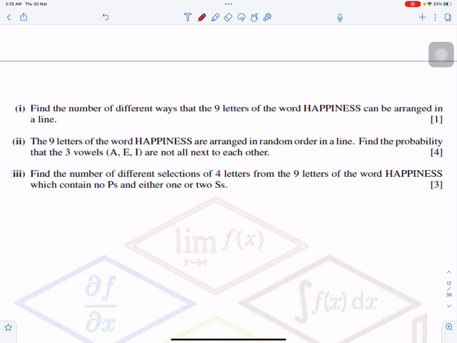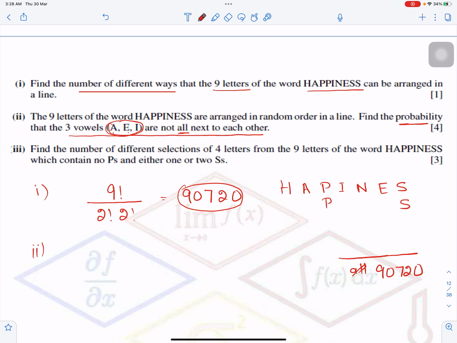So what we will do in this case, we will find the cases in which all three of them are together, and then subtract them from the total cases. So what we will get? The cases in which they are not all together. Okay, I'm talking about all.